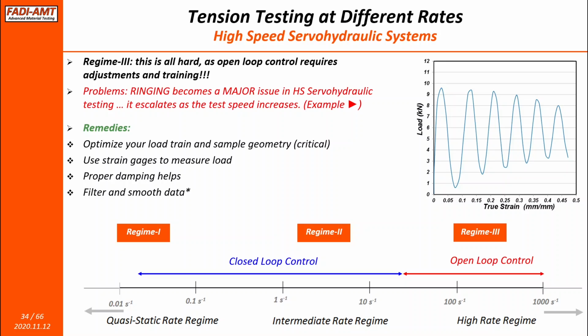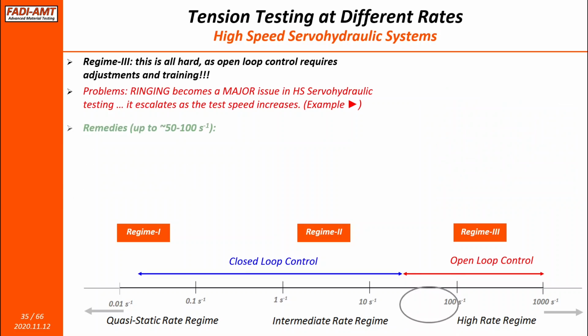After you do those two main steps, or these two main items will help alleviate the problem, then we go to other factors that will help, which are damping. This usually helps, and then ultimately you can do some filtering and smoothing. High frequency filtering, we typically say that it's not really a bad idea once you make sure that you remove the major source of the problem, which is ringing.